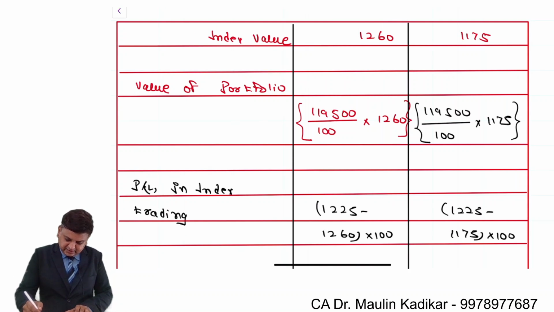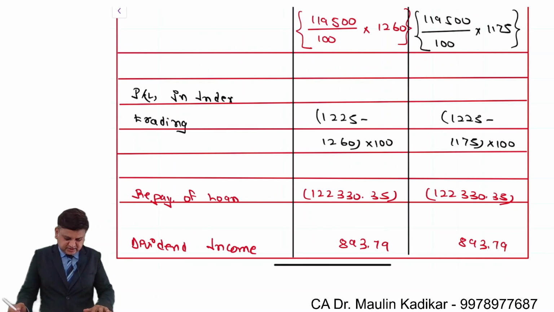So the first case it will be 1,26,000, in the next case it will be 3,500 negative.